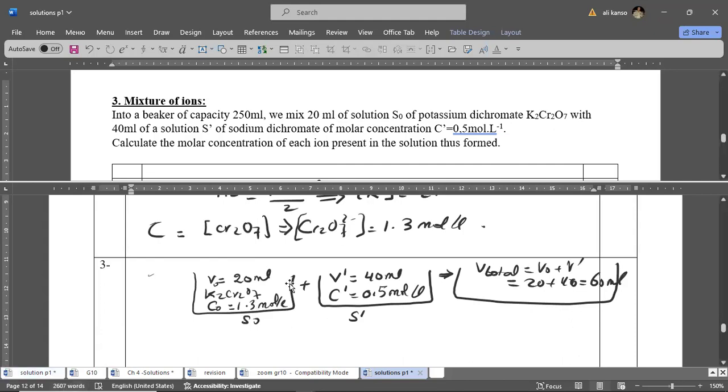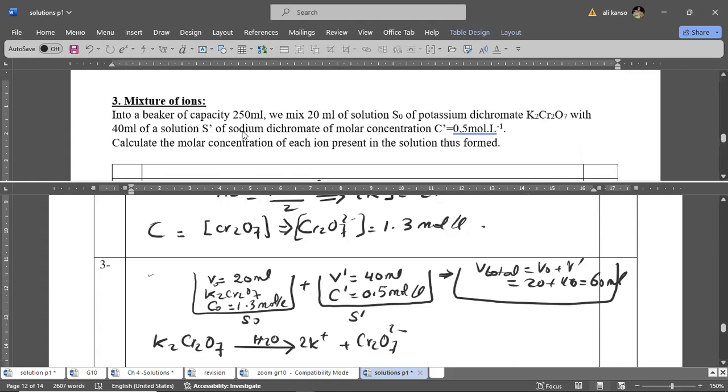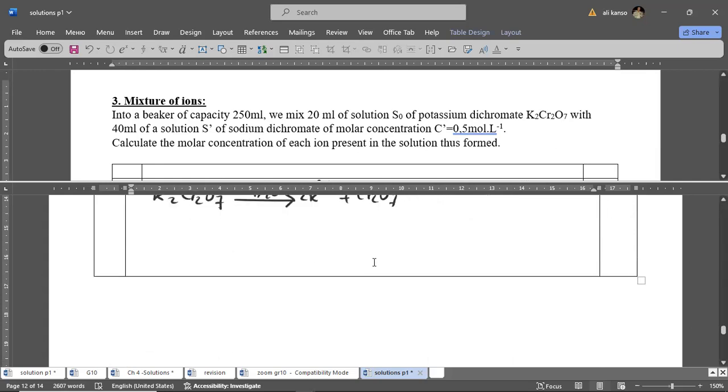The question is to calculate the concentration of each ion. Let us see what ions are included. In the first one, K2Cr2O7 in water ionizes completely to give 2K plus and Cr2O7 2 minus. The second one, which we didn't write, is sodium dichromate, with sodium instead of potassium.